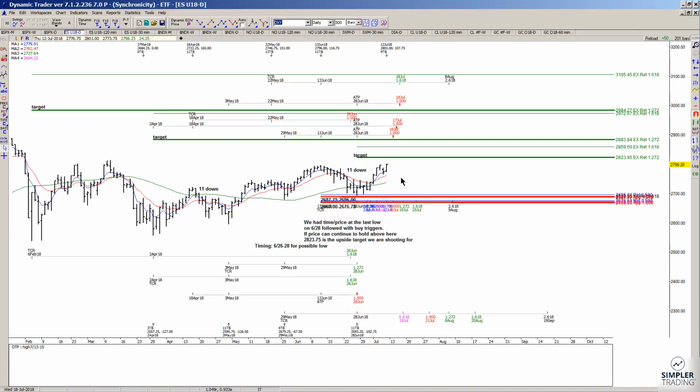So what I'm typically looking at is something like a 1272 or a 1618 extension of this swing in time, and that would come in on the 19th. So you end up having 1, 2, 3, 4, 5, 6 cycles anywhere between the 16th through the 19th.